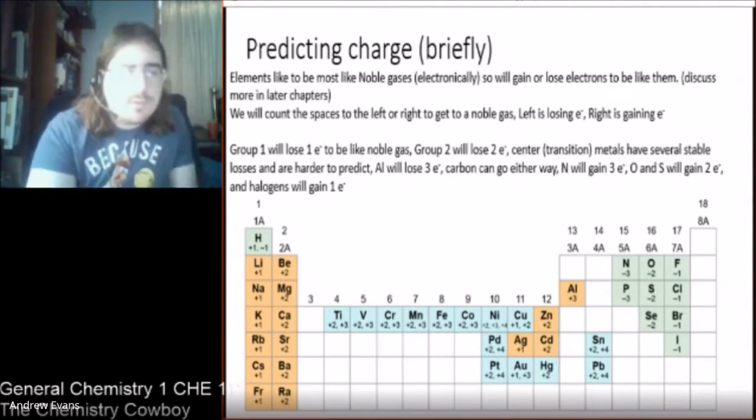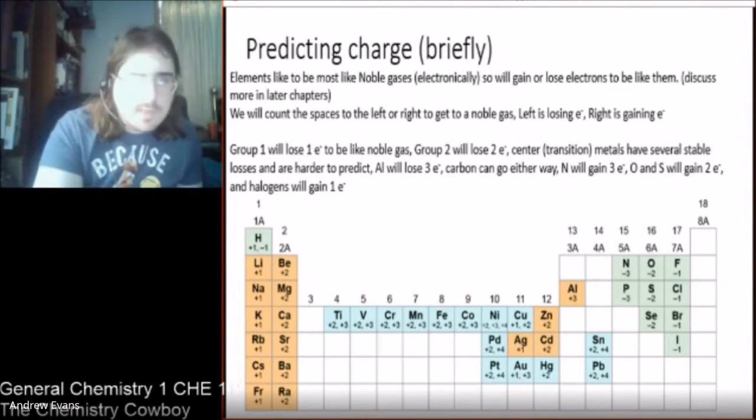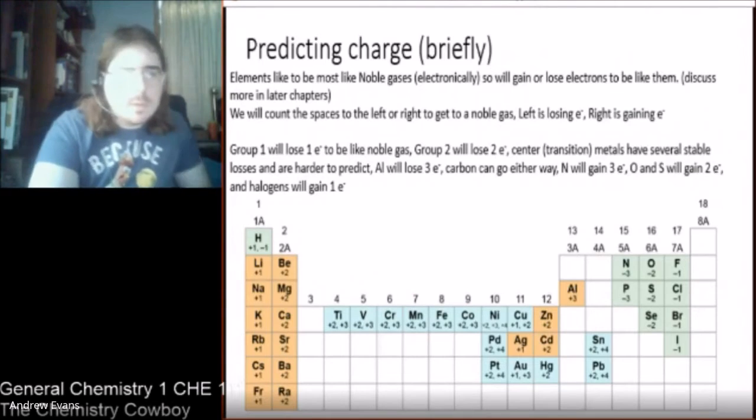So I would look at this: beryllium 2 plus, chlorine 1 minus would give us BeCl2. I would have to combine 1 plus 2 with 2 minus 1s to get that there.